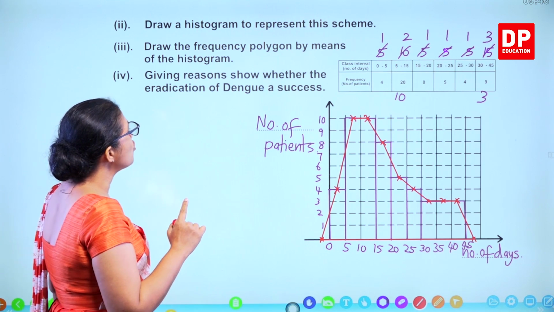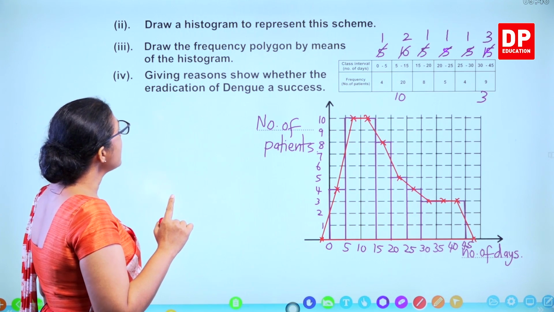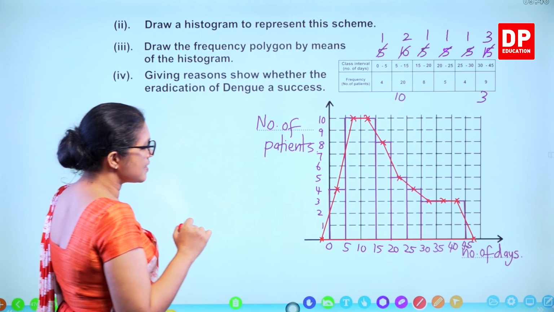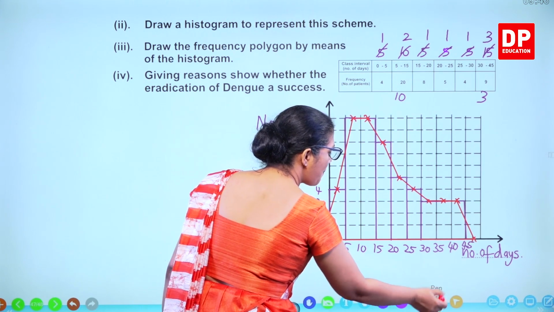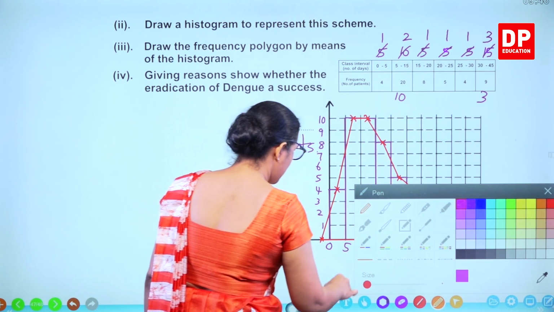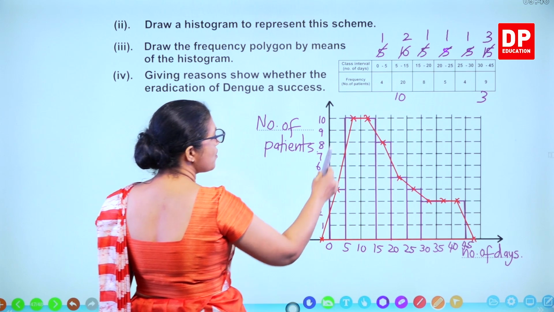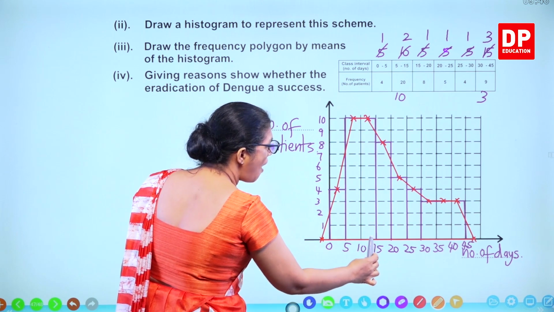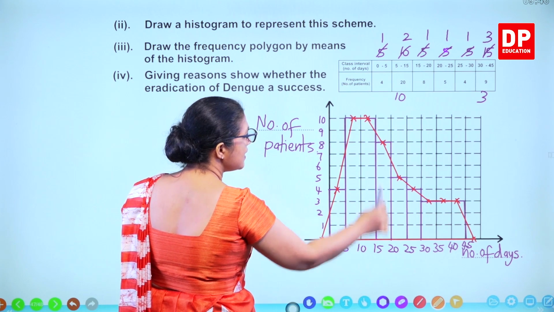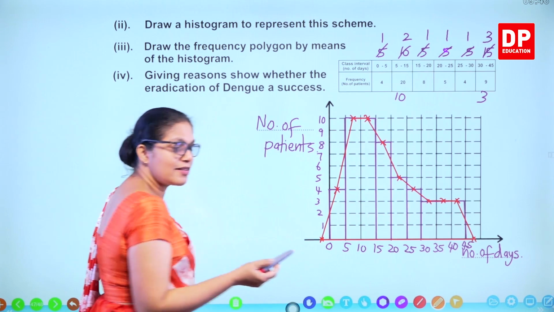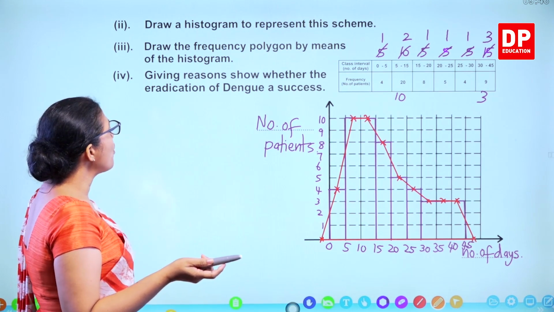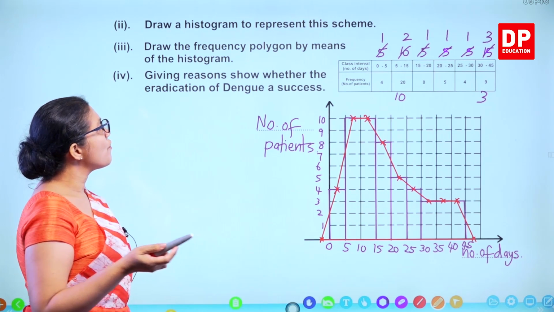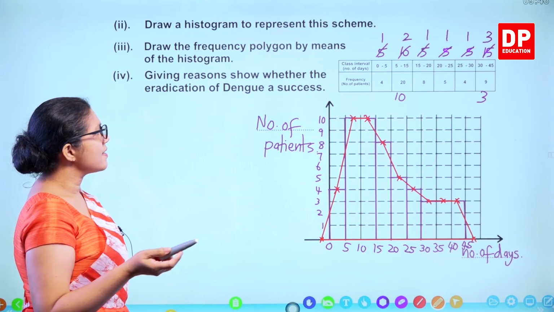Giving reasons, show whether the eradication of dengue was a success. What can you say? Look carefully. This goes up, the number of patients is increasing here. But after 15 days, it's going down. So that means this program, the eradication of dengue, was a success.